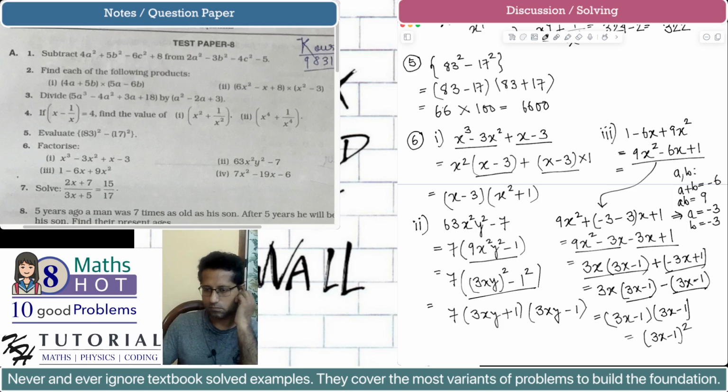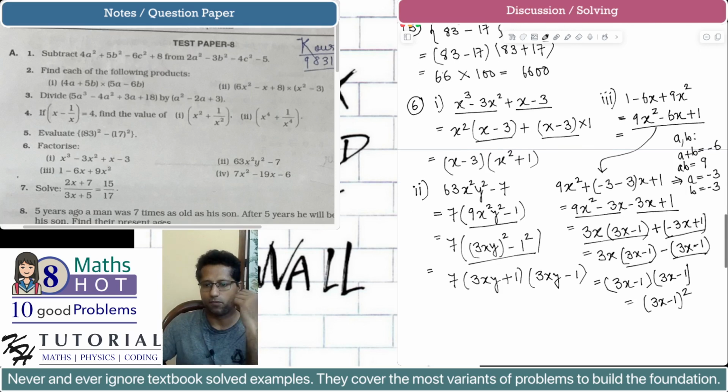Now the question is that since the factorization has turned out to be a square of something, then in the first place from the given expression, we should have identified that it is in the form of a plus b whole square or a minus b whole square.